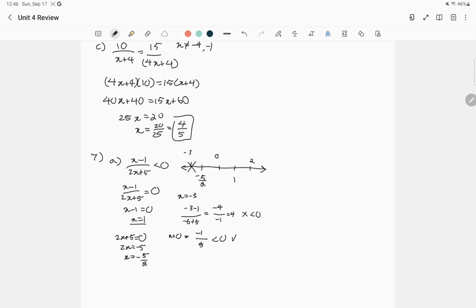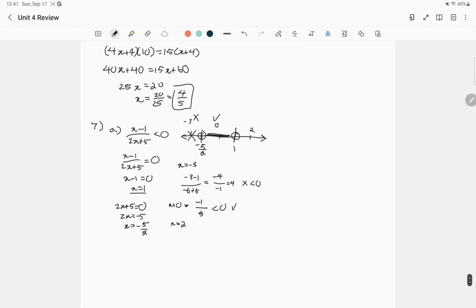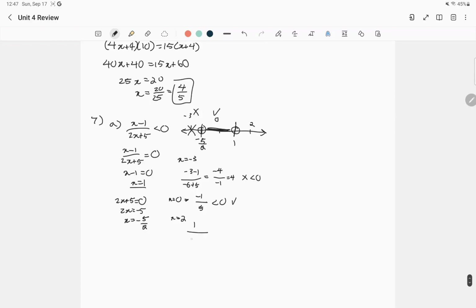I should mark that negative 5 over 2 and 1 are both open, because those are places where x cannot be. And we know that it works in here, so this is a check. That doesn't work. And let's do 2. So x equals 2. We're going to get 1 over 9, which is not less than 0. This does not work either.